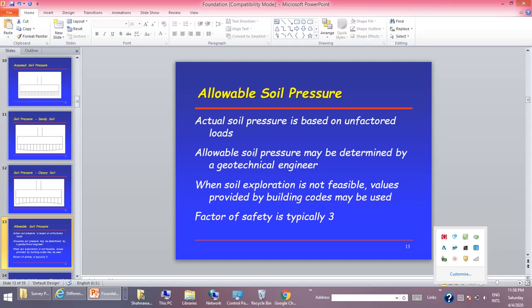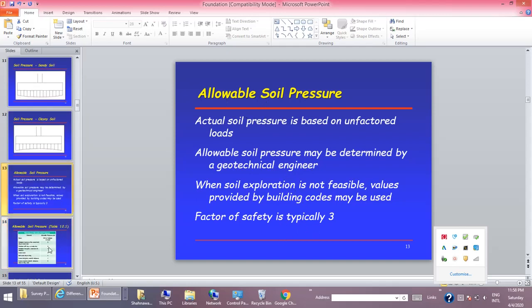So we are getting a reliable source, and the soil bearing capacity is more or less the exact value. So we are not taking any factor of safety for calculating the allowable soil pressure. The factor of safety for the design of the footing will be taken as 3.